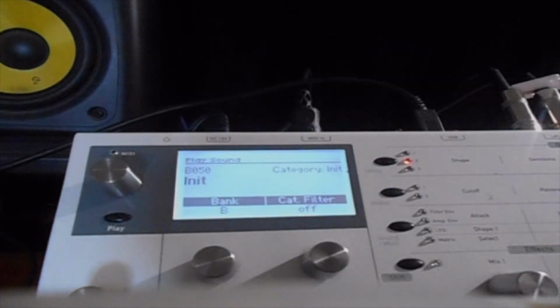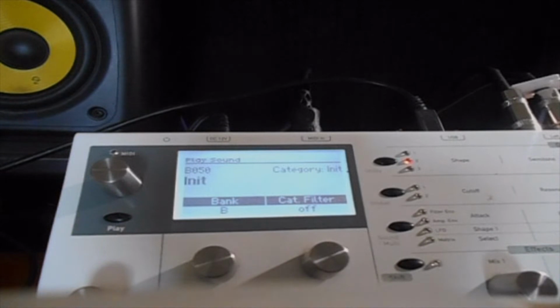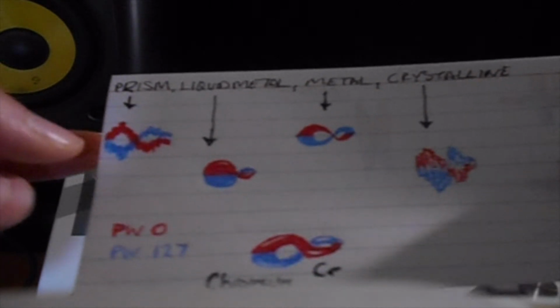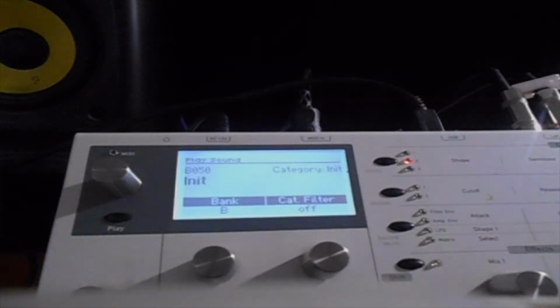This is how it goes. Other engines like prism, liquid metal, metal, crystalline, you're going to do stuff like this because it's exact polar opposites. Oscillator 1 is red, oscillator 2 is blue.